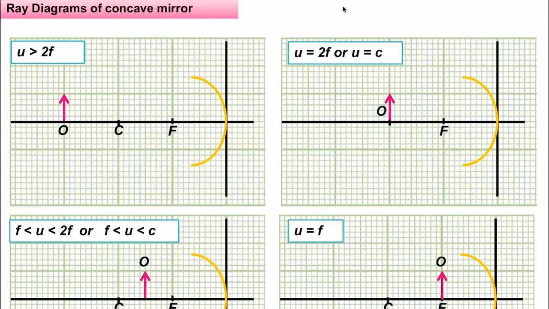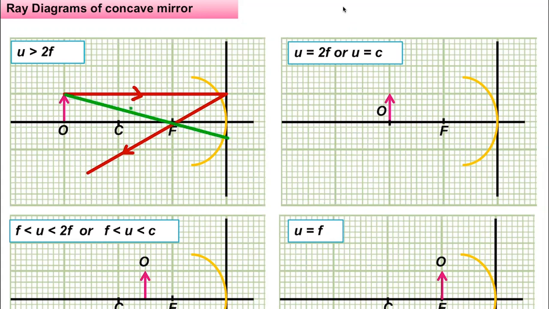All right, so this is an example, ray diagrams for concave mirror. Don't forget to draw the arrow. It will be reflected to F. Second rule, actually I'm using the third rule, the opposite of rule number 2.